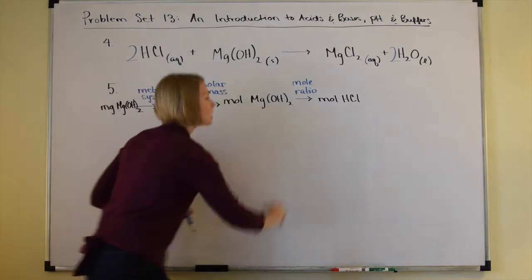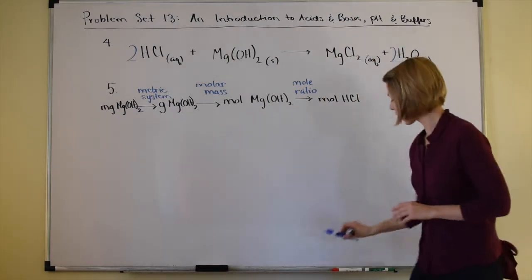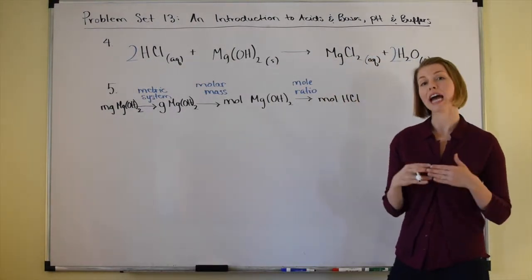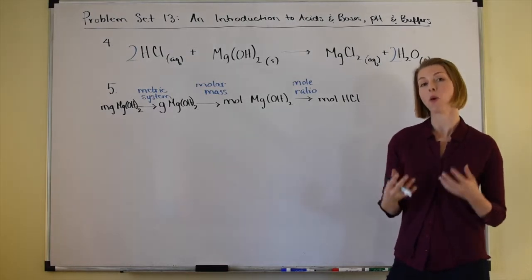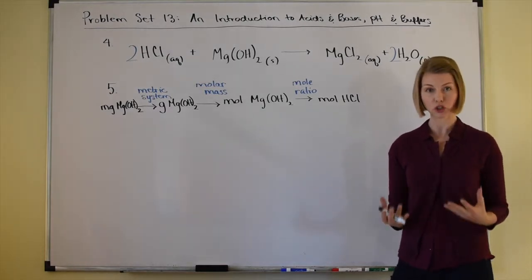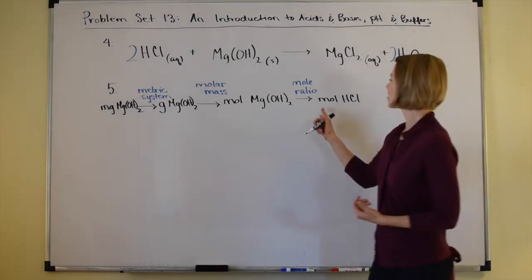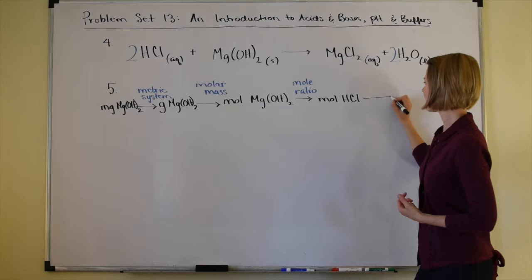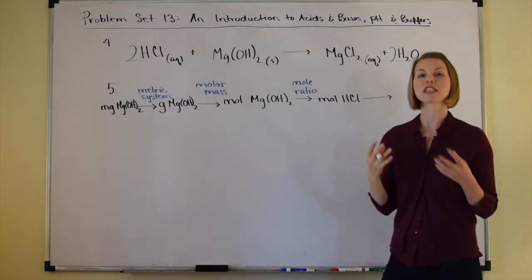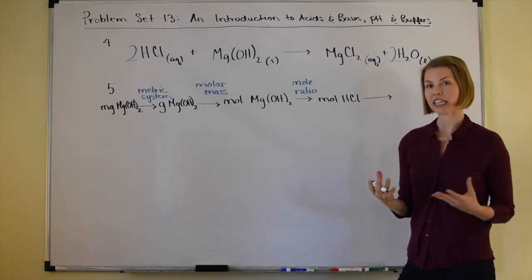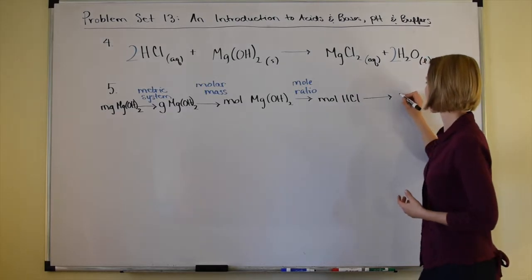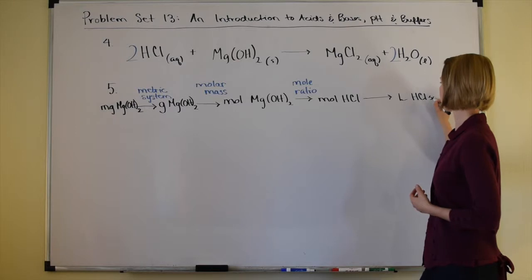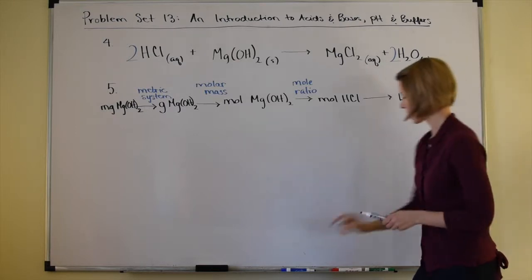Okay. Now we aren't actually asked for the quantity of hydrochloric acid in moles. We're asked how many milliliters of a 0.1 molar hydrochloric acid solution will react. So we need to add some steps on this side as well. We need to use the concentration, the molarity, to figure out the number of liters of hydrochloric acid solution that will react.